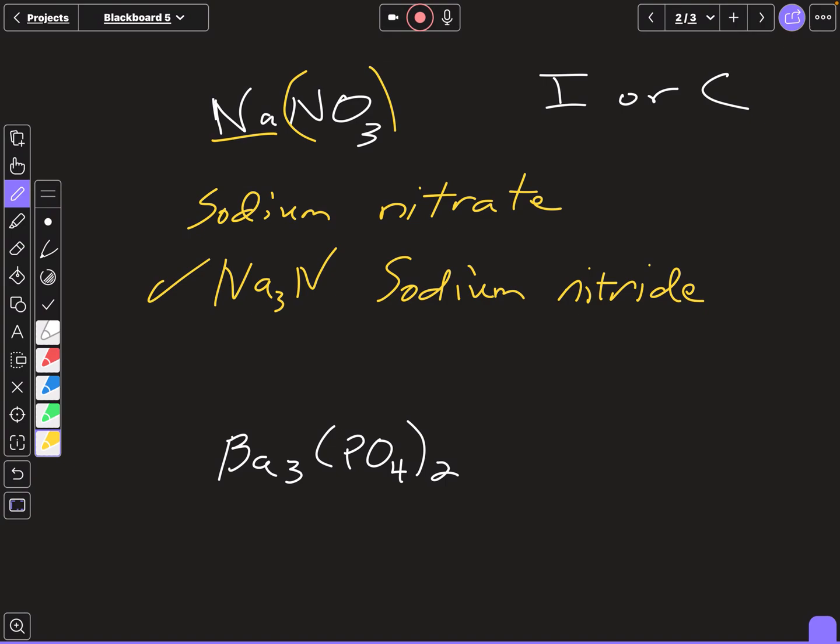Alright, this bottom example, I look, first element's a metal, so I know it's an ionic compound. And since it's got this in parentheses, I should automatically know that's a polyatomic ion right there. And this number here, this 2, is just telling me that I have 2 of these ions. If I had a phosphorus bonded to 4 oxygens, what it was telling me is that I have 2 of these ions.